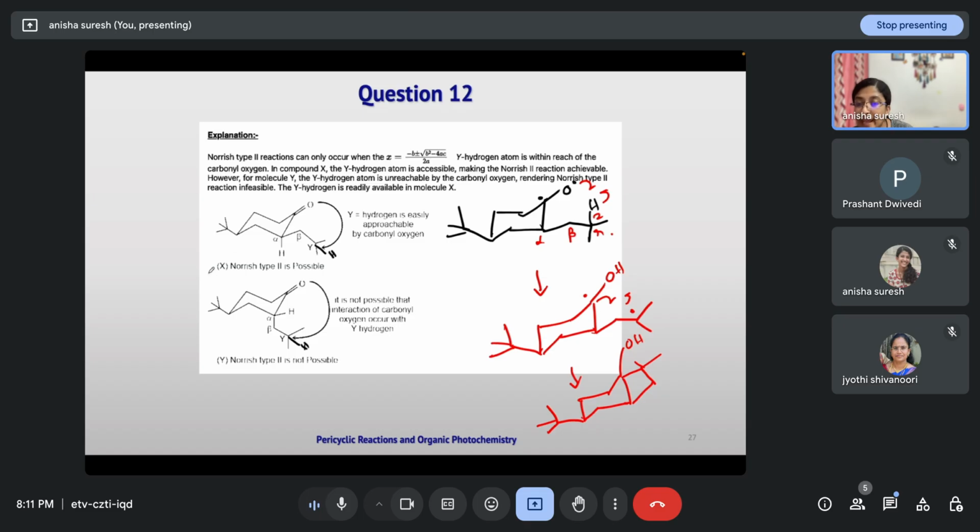So this compound X will be undergoing a Norrish type 2 reaction, and in this case compound Y, because this hydrogen is far away from the carbonyl or from the accessibility of the carbonyl, will not undergo a Norrish type 2 reaction, so it will be undergoing a classical Norrish type 1 reaction.